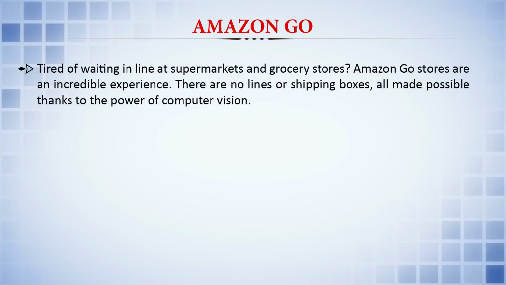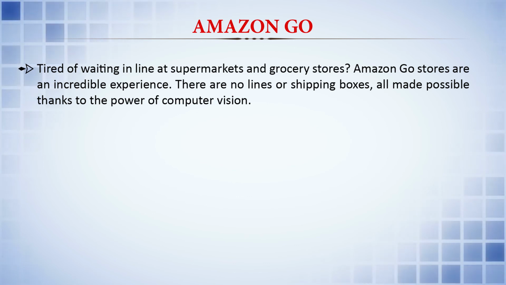So, the next example that we can quote here is Amazon Go. Tired of waiting in line at supermarkets and grocery stores? Amazon Go stores are an incredible experience. Suppose you take the example of any supermarket. With the help of the basket or the cart, we can move around, pick the objects and place them in the cart.